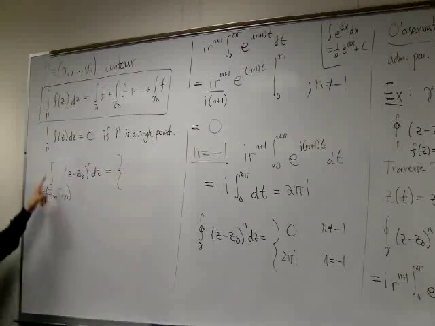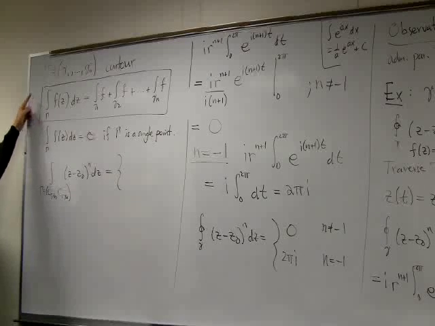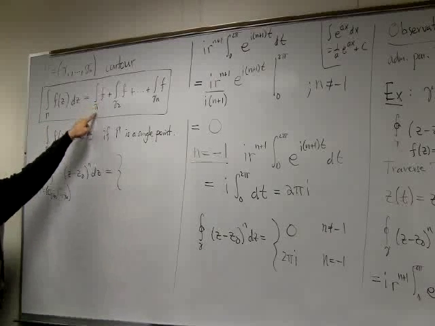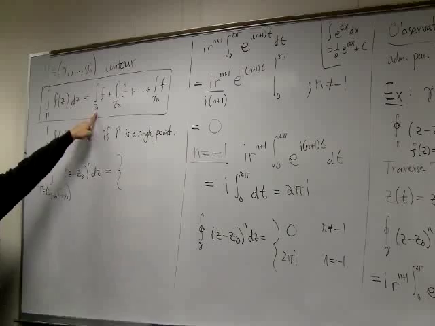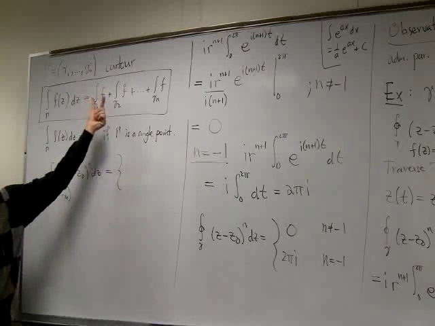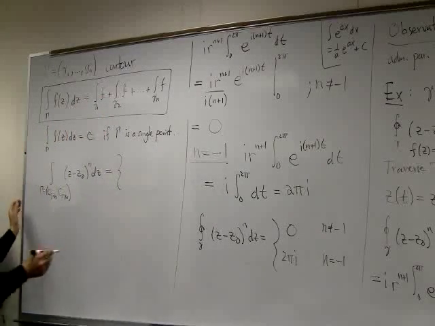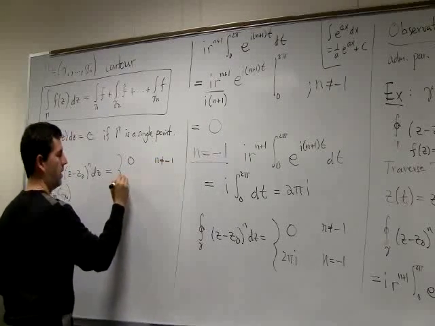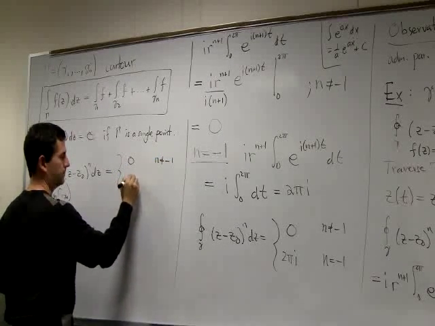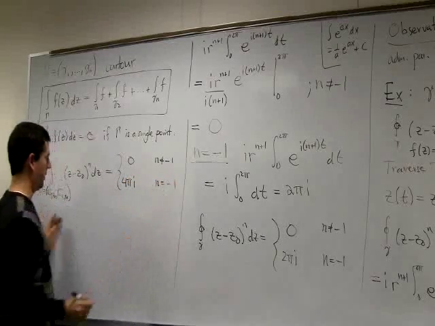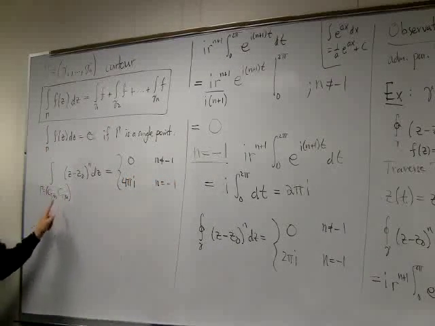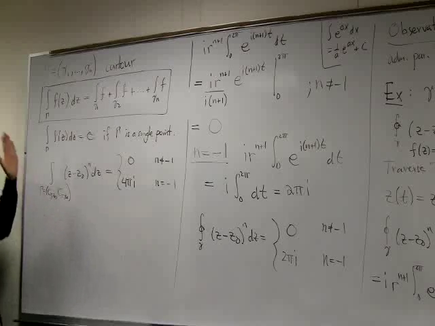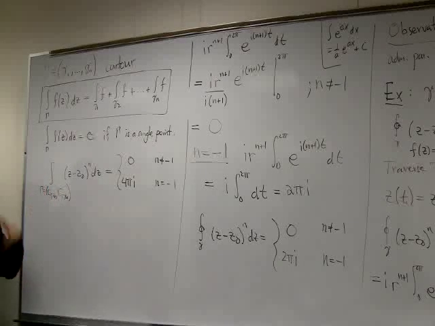What this definition tells you to do is integrate it once around the first circle, then integrate on the second circle and add up the answers. We already talked about this. So you should get 0 when n is not minus 1, and 4 pi i when n is minus 1, because on each one you get a 2 pi i. So when you add them up, 2 pi i plus 2 pi i is 4 pi i.